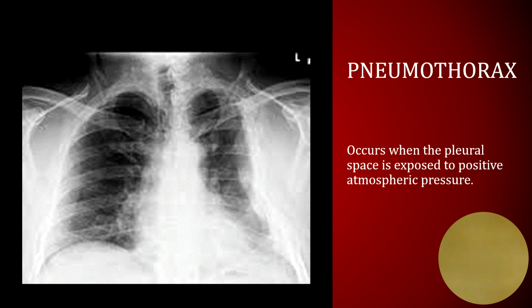Symptoms of a pneumothorax include chest pain, shortness of breath, tachypnea, hypoxia, reduced or absent breath sounds on the affected side, hyperresonance of percussion, except with a hemothorax, where we would have a dull sound, and minimal to no chest wall movement on the affected side.